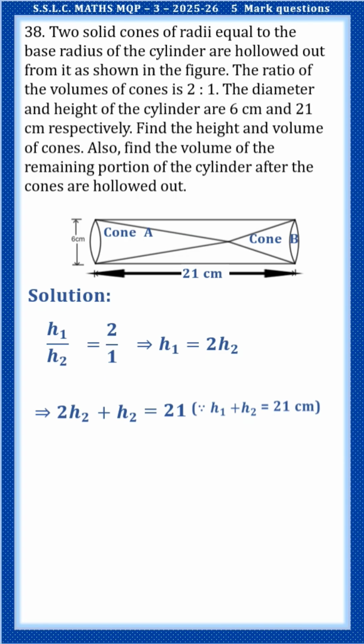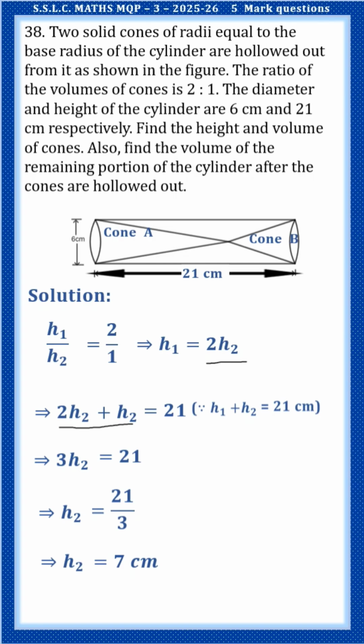If you add these two, you'll get 3h2 is equal to 21. Now h2 is equal to 21 by 3, that is equal to 7 centimeter. Now substitute h2 is equal to 7 centimeter in this. So h1 is equal to 2 into 7, that is equal to 14 centimeter. So now we have h1 is equal to 14 centimeter, h2 is equal to 7 centimeter.